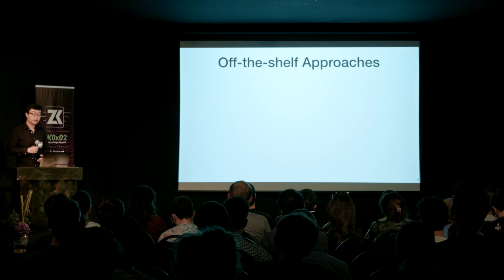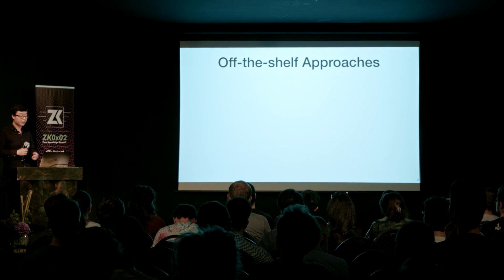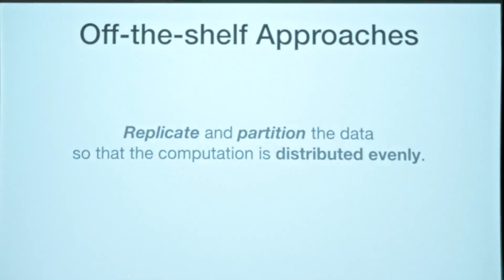We studied all of the off-the-shelf approaches to address this problem of data skew, and we benchmarked them across varying circuit sizes and also across varying numbers of machines to determine their feasibility. The approach that we took with these was to basically say, let's replicate and partition the data so that the computation is distributed evenly. This is what all of the off-the-shelf approaches try to do from a systems level approach.